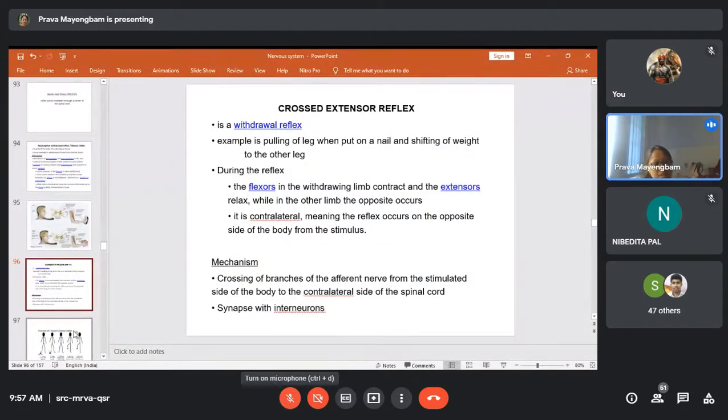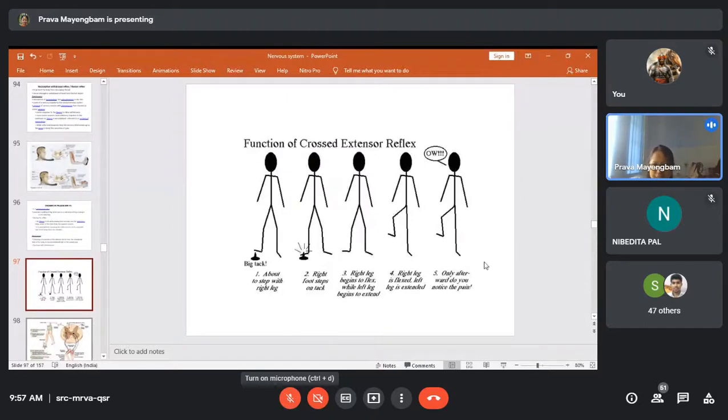In this cross extensor reflex, you see in this figure, someone puts the foot onto a nail. This is felt, and the stimulus goes. Due to that, this leg lifts up. When this leg lifts up, the flexor group of muscles are contracted here.